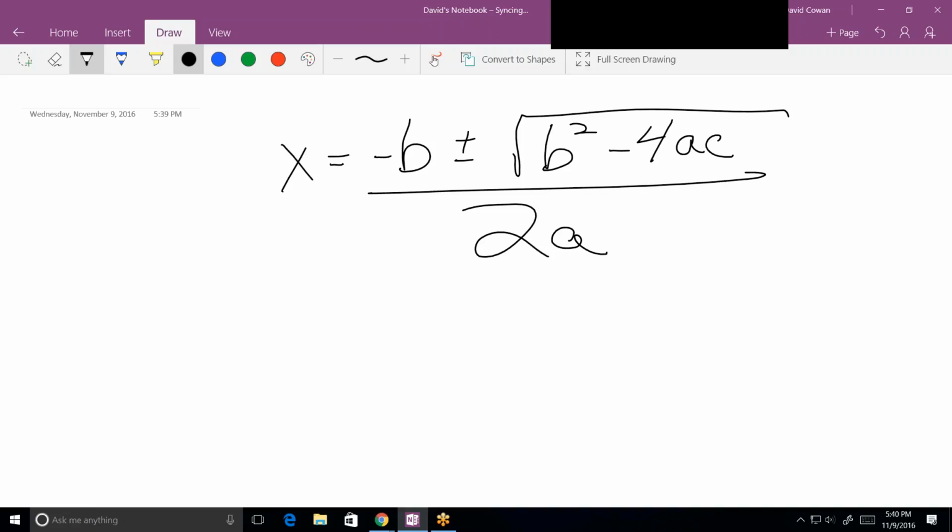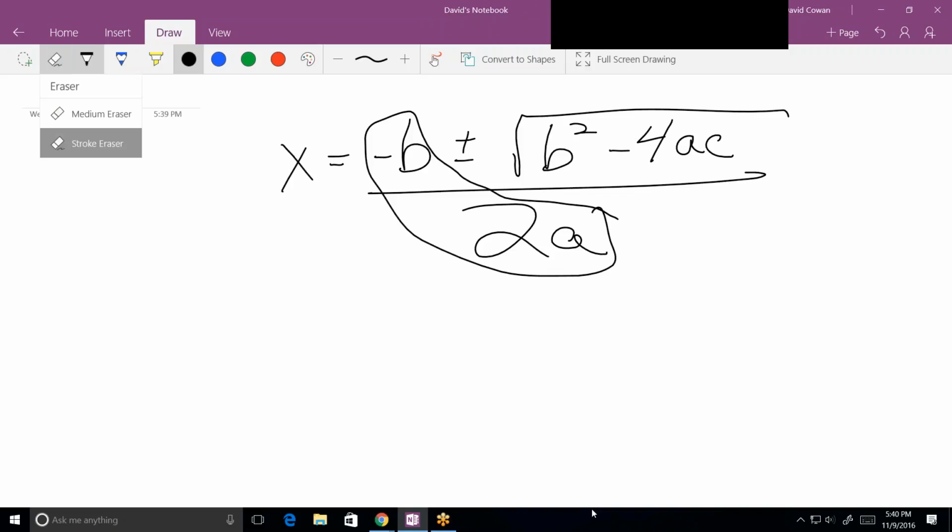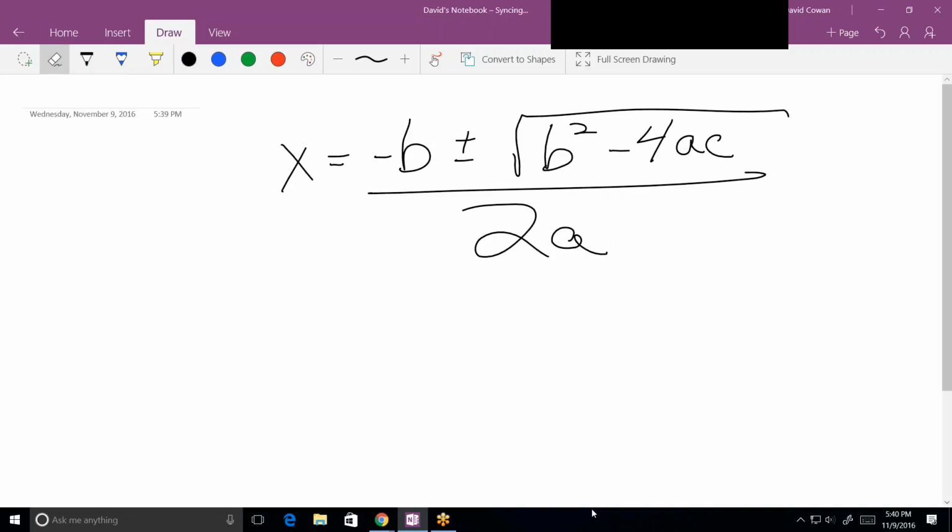And if it's exactly equal to 0, then you're only going to have 1 solution. In other words, if it's equal to 0, then this plus or minus doesn't play. So that's what the discriminant is, and that's why it has its own name.